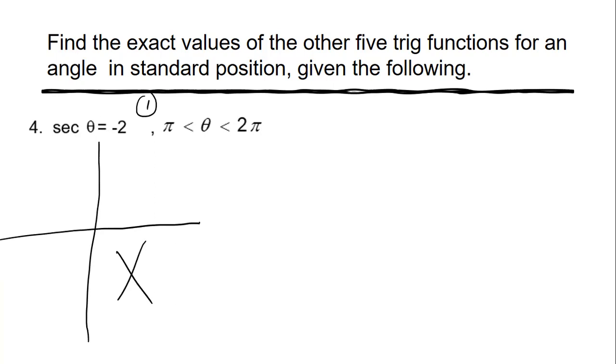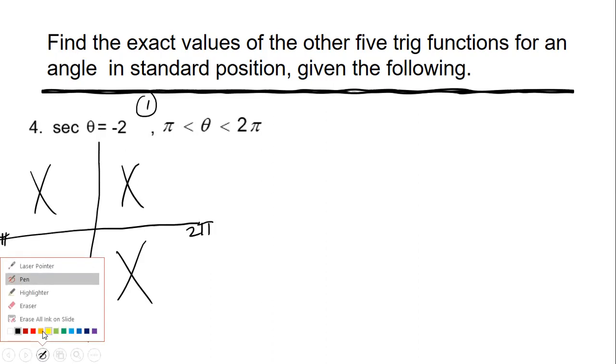Next, it tells us it's between pi and 2 pi. What's left between pi and 2 pi? These are eliminated, so we're in quadrant 3. When we draw this, it has to be in quadrant 3.